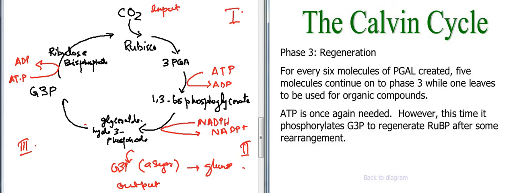ATP is once again needed, however this time it phosphorylates G3P to regenerate RuBP. After some time again the rearrangement will happen.